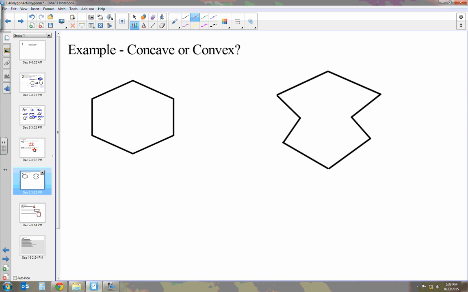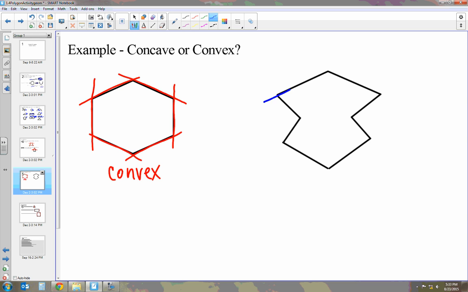So let's look at 2 examples. Let's take these 2 polygons, use the line test. So I'm going to trace over all of these sides and extend them out. And since none of these red lines go through the polygon, this is convex. Let's do the other one.